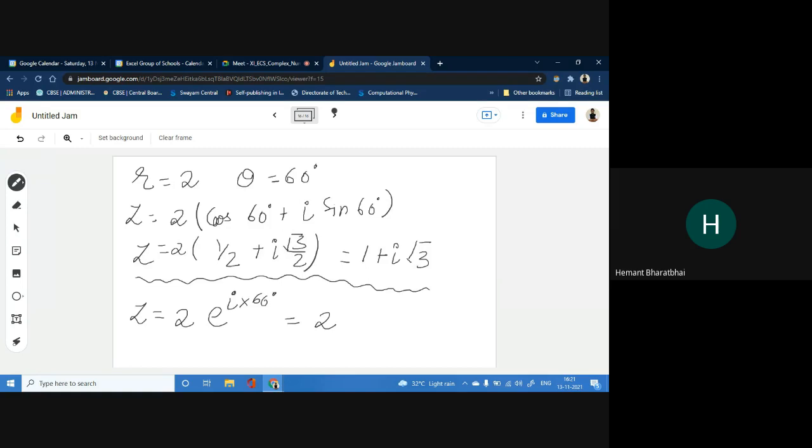So I can write e raised to i pi by 3. So this is in the exponential form. So this is how I can write one form of complex number into another form. Everyone please take the screenshot of this.